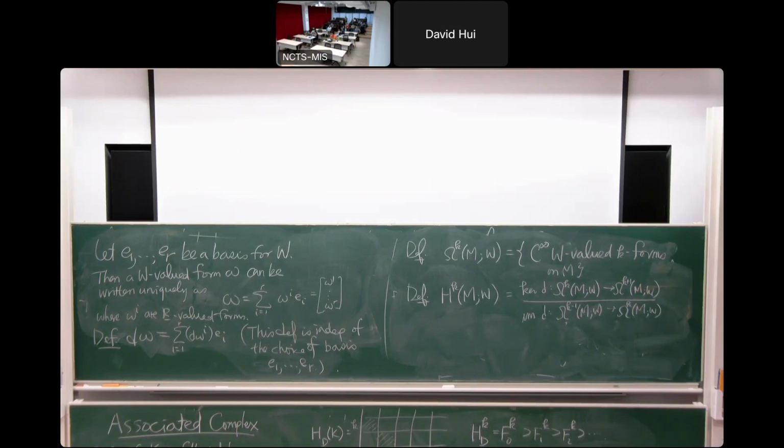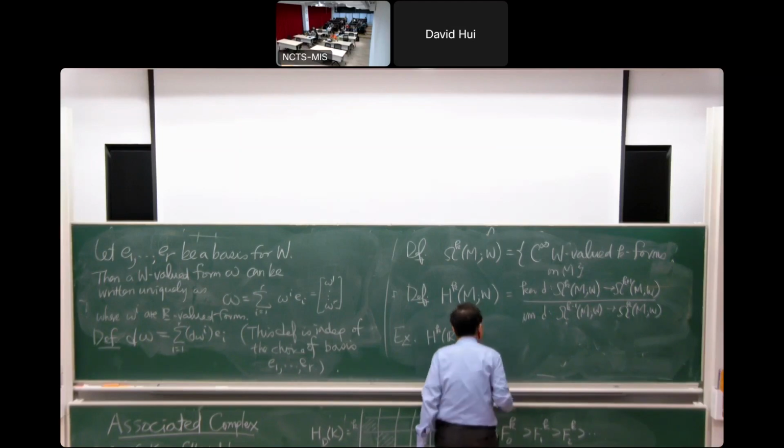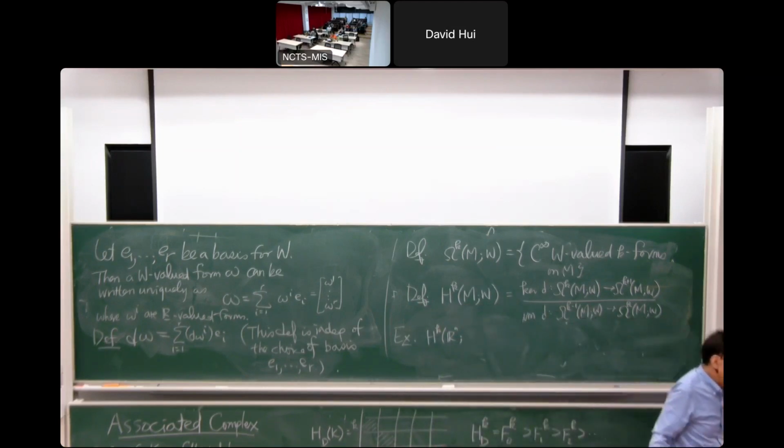And yes, so then what is the de Rham cohomology of R^n, okay, say with values in W?